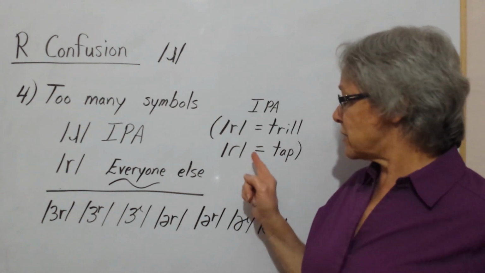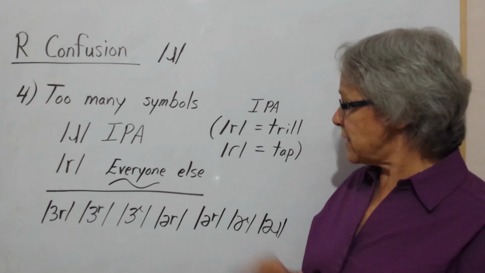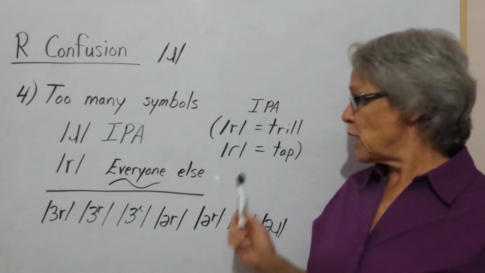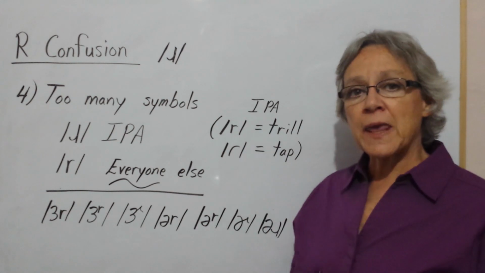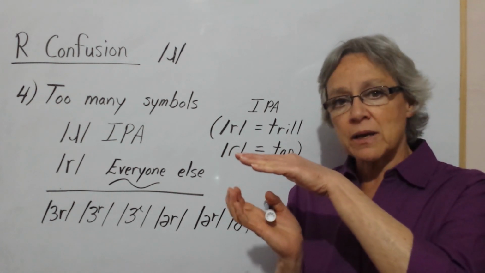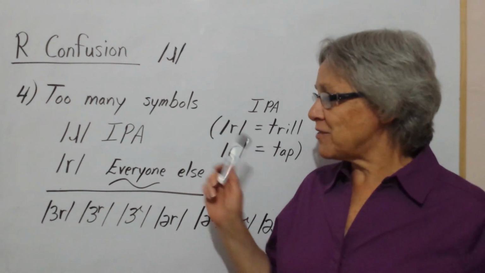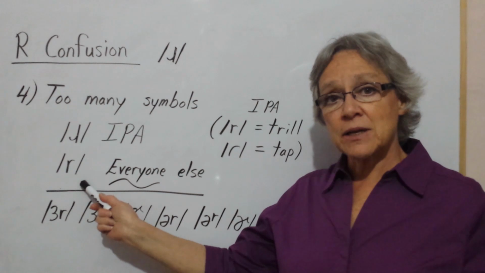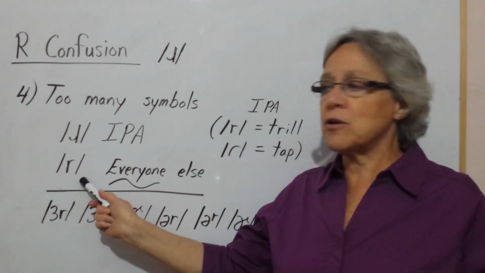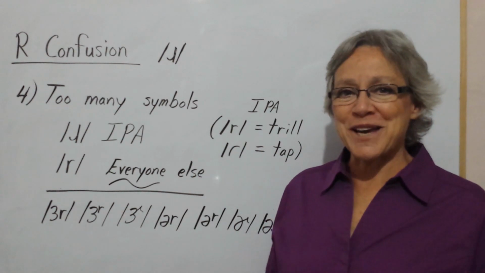A very similar symbol is this one. It does not have the stem on the left-hand side, but this represents the tap sound in IPA. And a tap is just one quick touch of the tongue on the roof of the mouth. So if somebody who is very familiar with IPA sees this symbol, when they're just learning the American R, they may think it's a trill. It's not, okay?